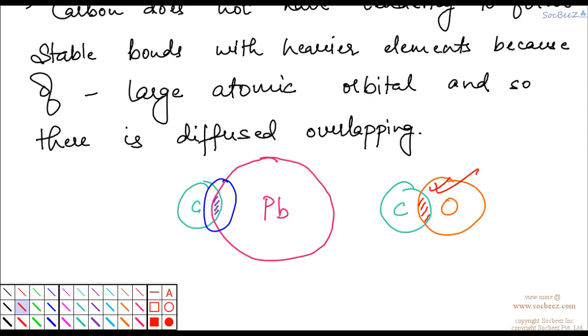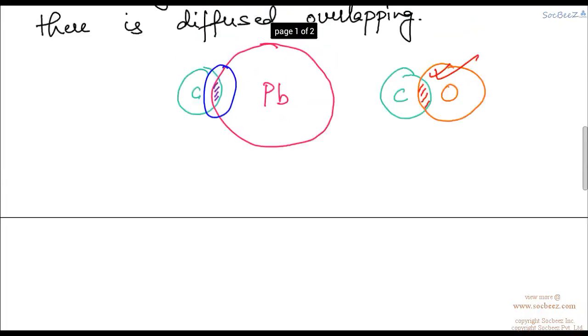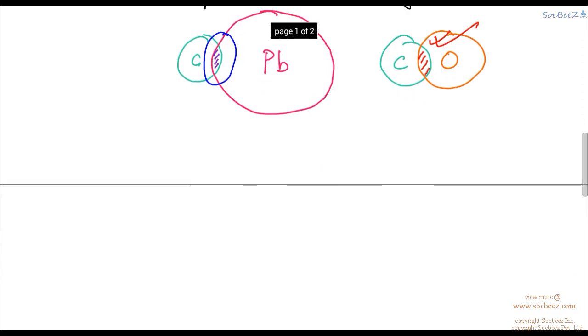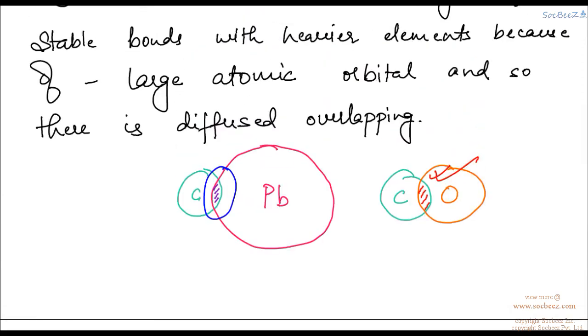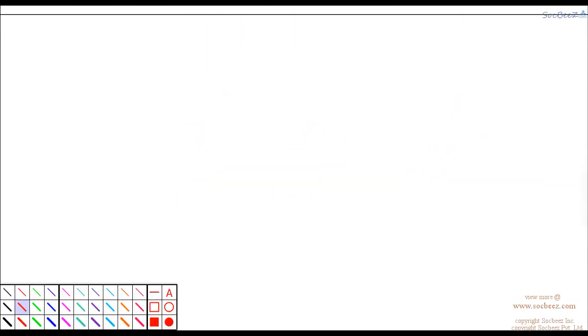So this is the reason that we do not find carbon forming bonds with heavier elements. Now another property we will see of carbon is catenation. What is catenation?